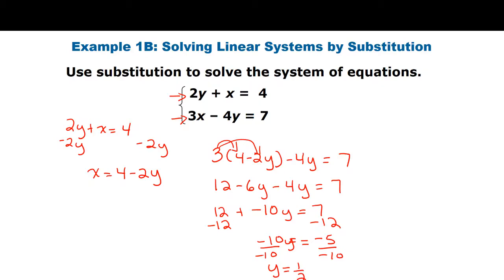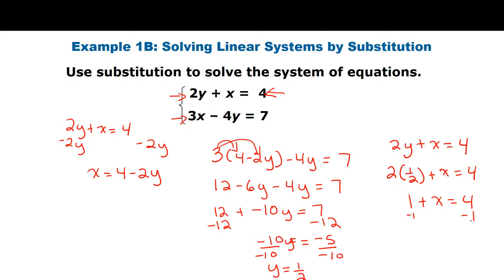All right, so we're not quite finished yet. Now we're going to substitute our y into one of our equations. So let's choose this equation here: 2y plus x equals 4. So now I'm going to substitute the y that I know. 2 times 1/2 plus x equals 4. 2 times 1/2 is just 1, plus x equals 4.